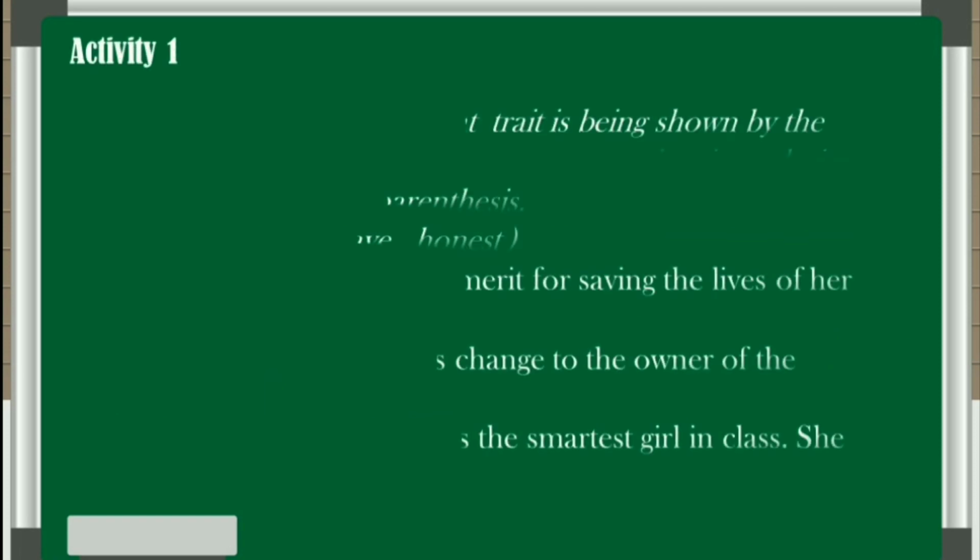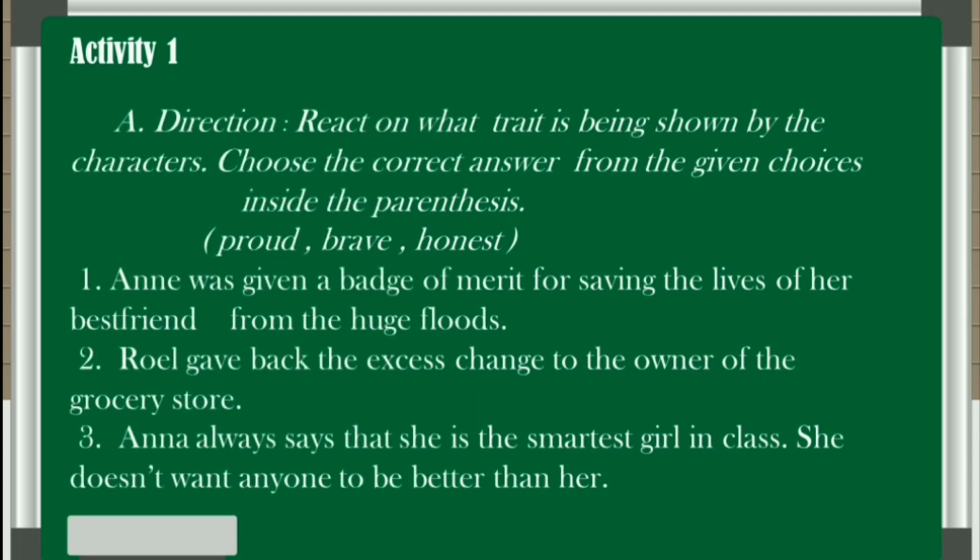Activity 1. Direction. React on what trait is being shown by the characters. Choose the correct answer from the given choices inside the parentheses. Number 1. Anne was given a badge of merit for saving the lives of her best friend from the huge floods.